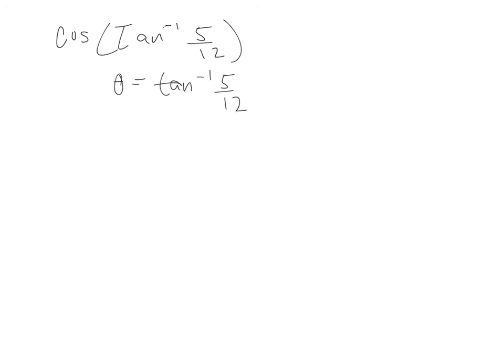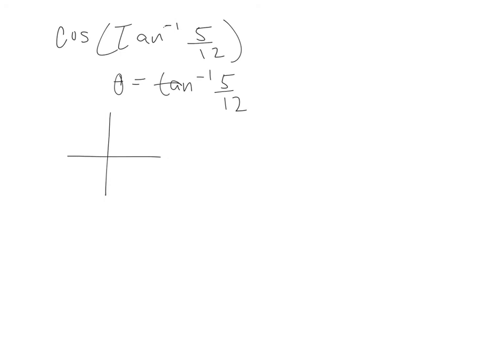And so let's do something a little more complicated. So let's start with the cosine of the inverse tangent of 5/12. So let's just say that theta equals the inverse tangent of 5/12. So let's put this into triangular form.